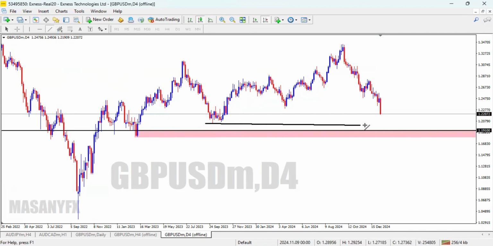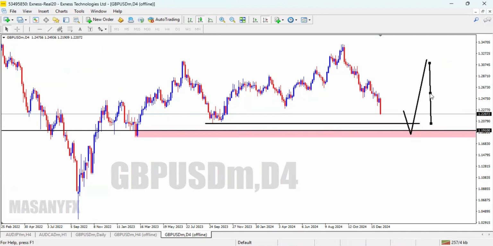So this is my area of interest, H4. You know where we are going? We are going to that fresh supply zone above.